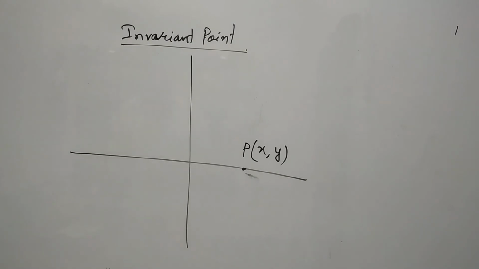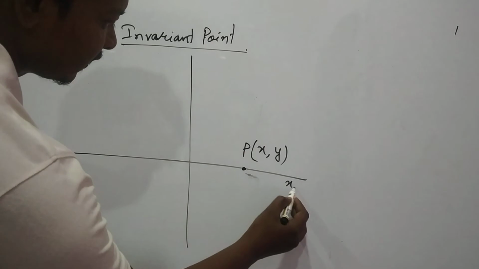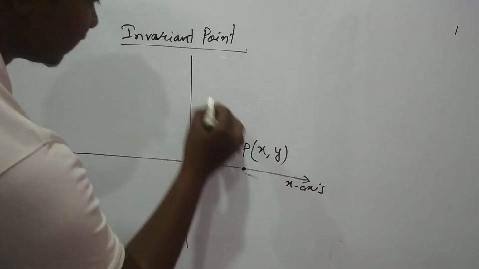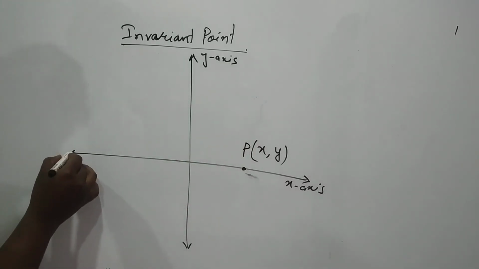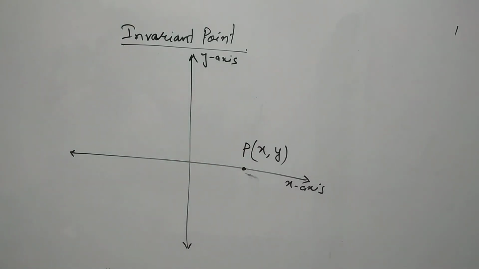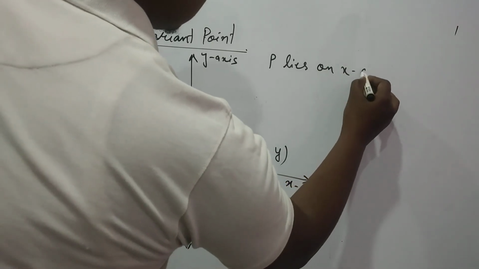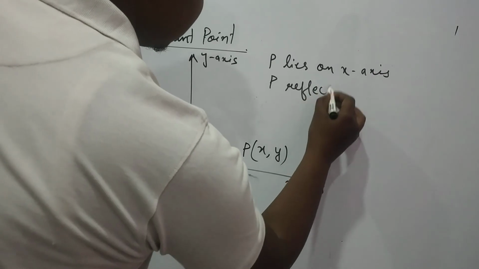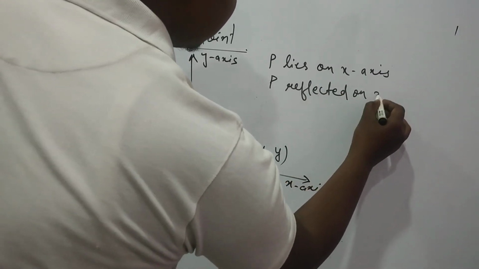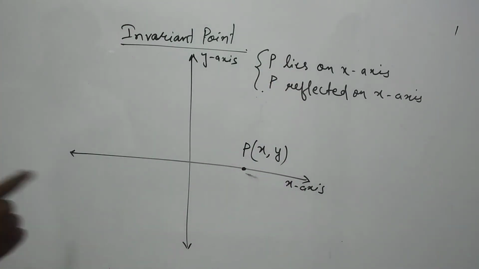To show the point P as the invariant point, the point P is lying on the x-axis, and if this point P is reflected on x-axis, then the point P is an invariant point.